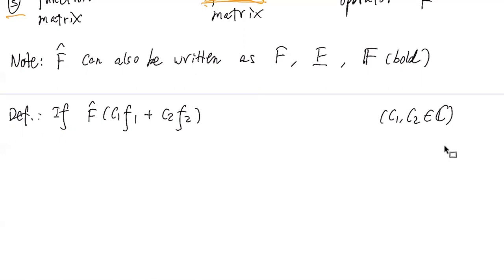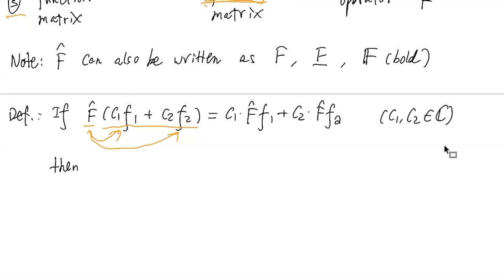If you apply this F operator on this linear combination of F1 and F2, you get C1 times F on F1 plus C2 times F on F2. If you can linearly distribute this operator to F1 and to F2, then this operator F is a linear operator.